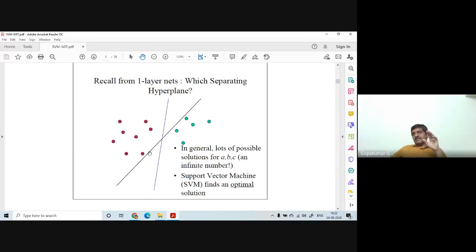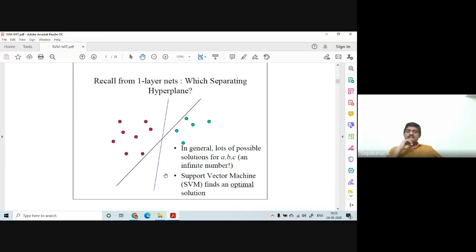If it has a linear activation function, you simply get W transpose X plus W0. Here is also a separating plane that will give you the best result. Here you have this particular dark line and maybe this blue line. From the figure we can clearly say that the blue one is a better option compared to the black one.